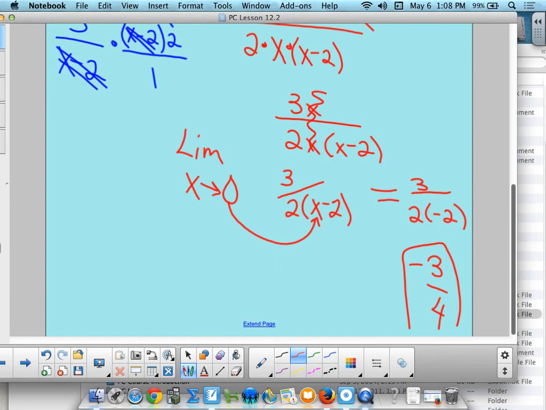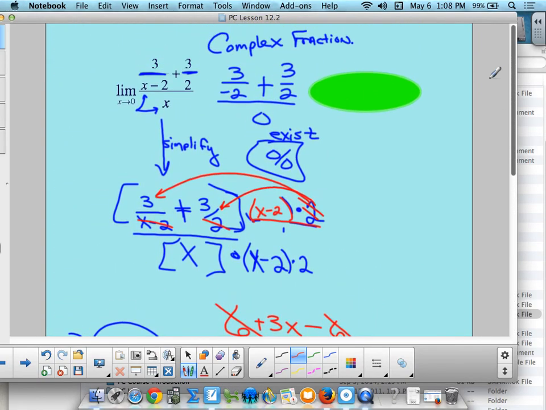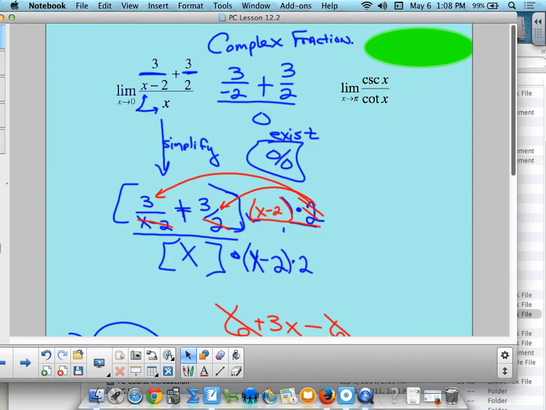I know those problems seem long, and they are kind of long. Okay, there's another one right here. I don't know if you can see it or not, but it's there. Okay, let's take this one, bring it down.